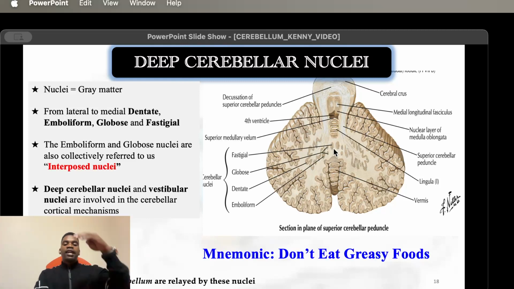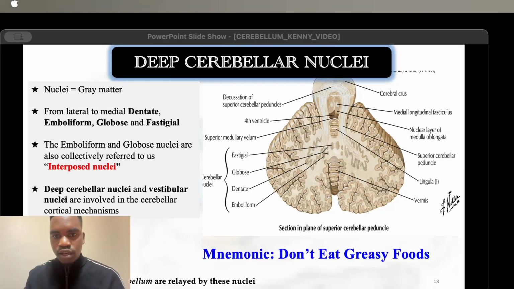So we have a total of 4 nuclei found deep within the cerebellum. From lateral to medial, we had the dentate nucleus, the outermost, the emboliform nucleus, the globose nucleus, and lastly the fastigial nucleus.